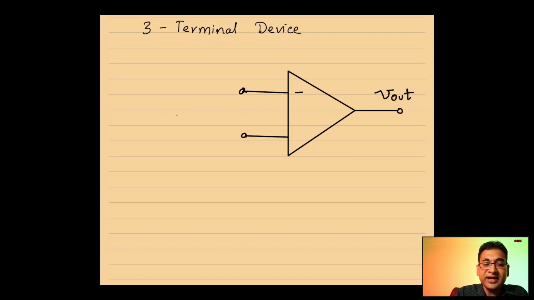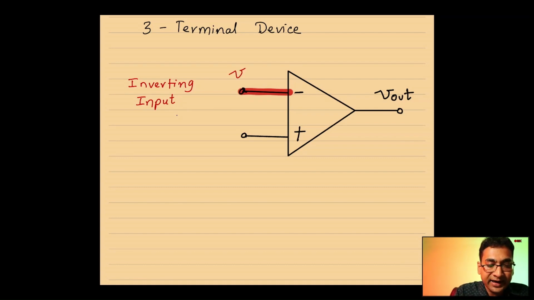One of the input terminals is labeled as negative. The other input terminal is labeled as positive. This negative terminal, we like to call the inverting input. I show it as VN, or sometimes V negative.